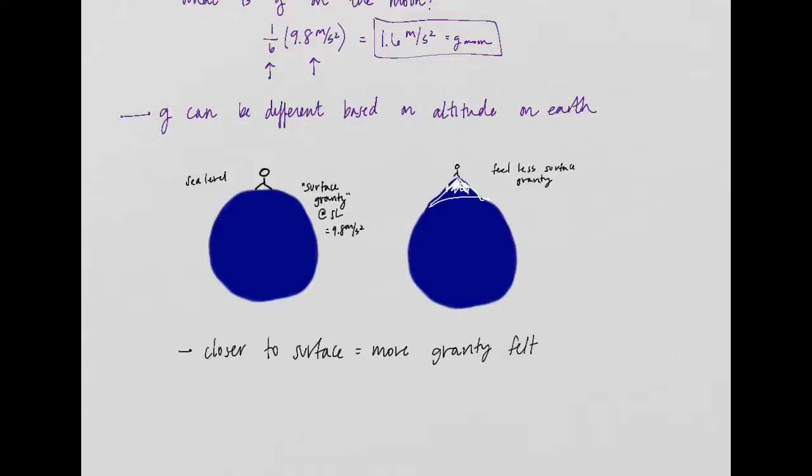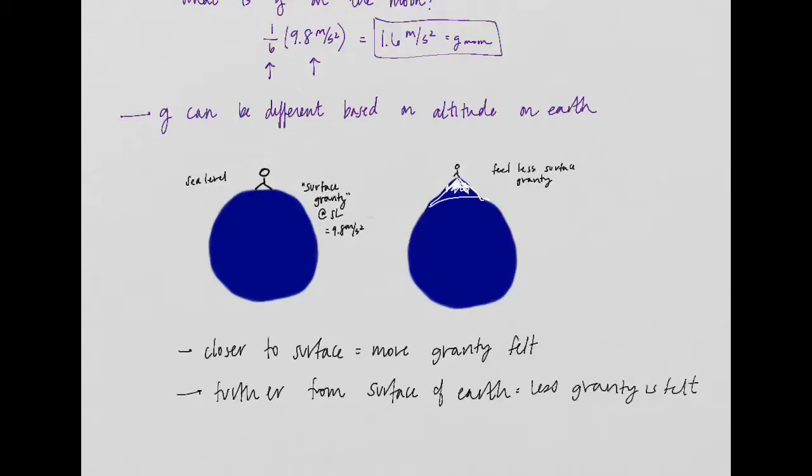While when we get further away from the surface of the Earth, we feel less gravity. So when we're a very extreme distance from the surface of the Earth, like on top of Mount Everest, we feel less gravity.